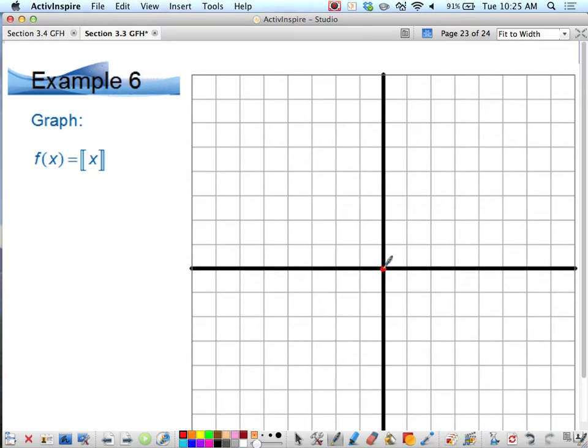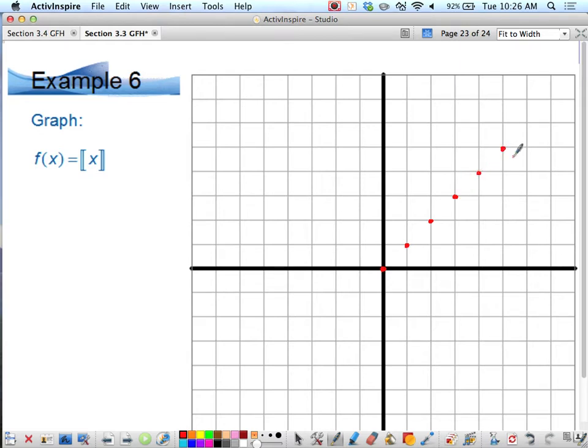So we agree there's a dot there, right? What if I put in 1 for x? What does it give me? 1. So 1, 1. What if I put in 2? 2. So do you agree that all of these dots where the x and the y are equal are going to be on this graph? Everybody agrees with that? Okay.